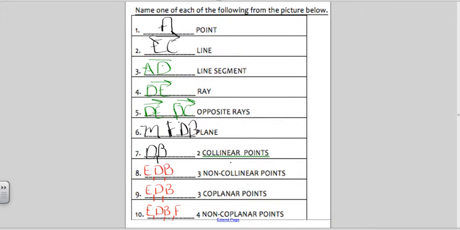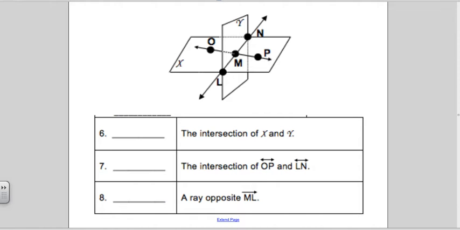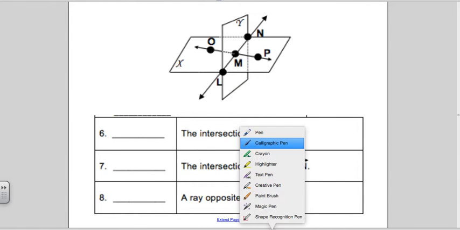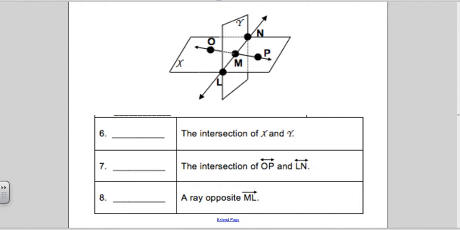Okay, moving on here. Now we're talking about intersections. Remember, 2 planes or 2 surfaces will intersect at a line. So we have plane X and plane Y. And so here's this plane and here's this plane. Let me actually highlight those so it'll be easier to see. Okay, so you can see that plane here, this plane here.